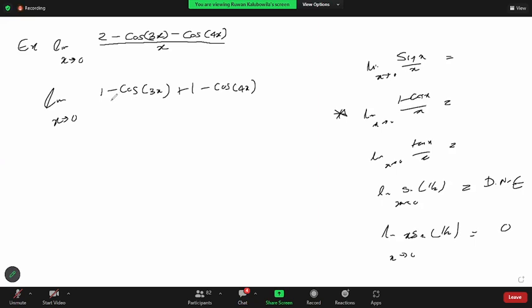Now, same function, right? This one is a little bit familiar for us now. So I can divide the terms like this: limit of, when x approaches 0, 1 minus cos 3x over x plus 1 minus cos 4x over x.